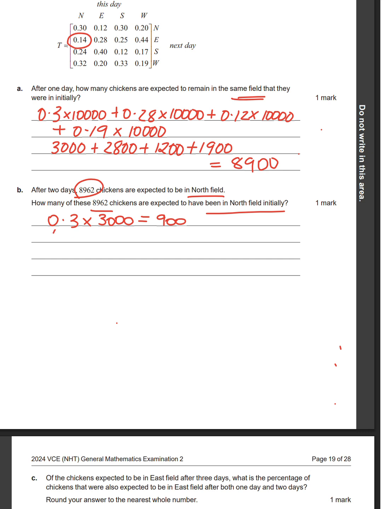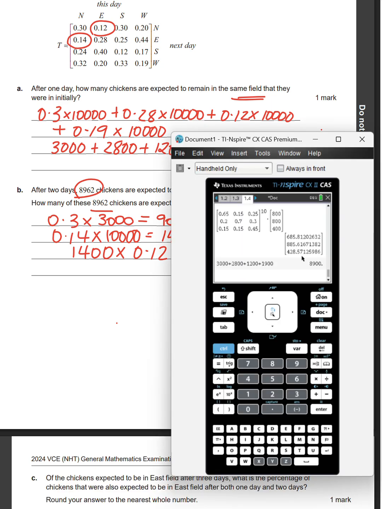So that means that of the ones in north, 14% of them, so 1,400 of them went to east. And then of those 1,400, 12% came back. So 1,400 times 0.12 is 168.